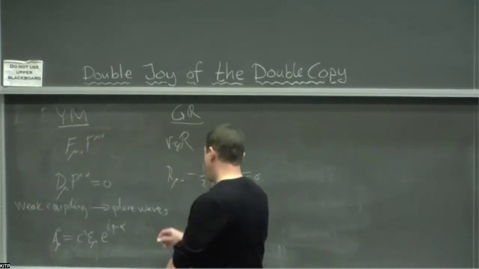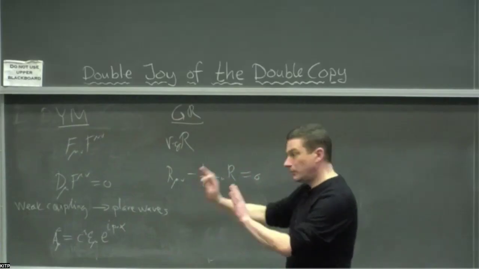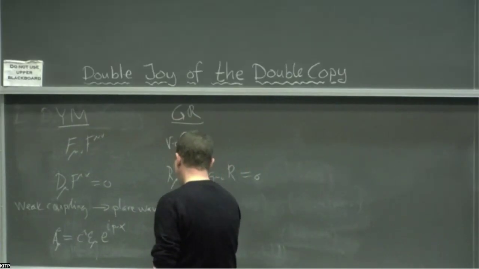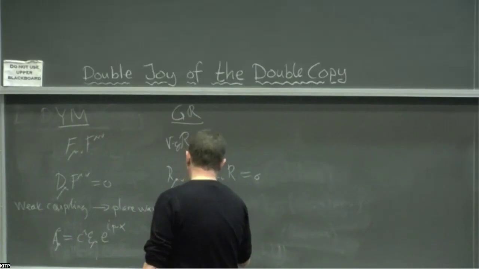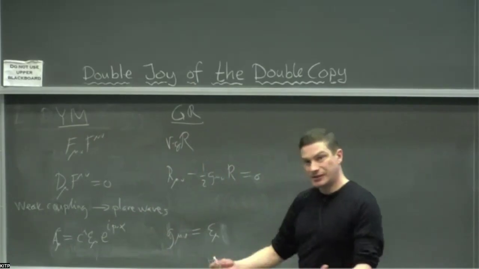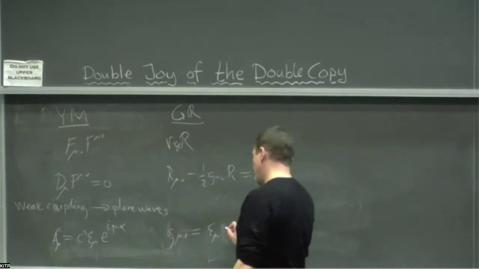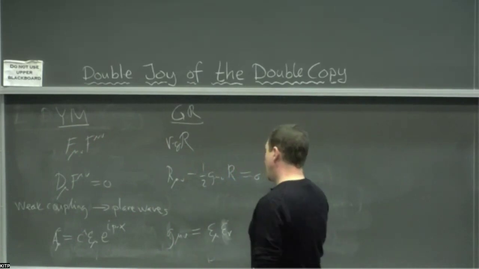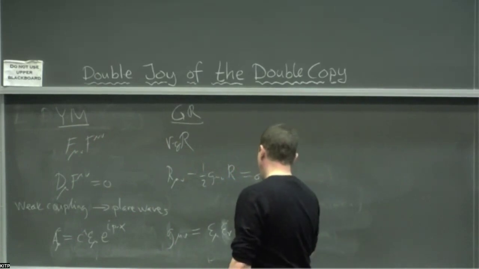And for gravity, also going to weak coupling, so I'm just going to assume I basically have a free theory, the metric has two factors of, well, it really has a polarization tensor, but I can always factorize it, especially in 4 dimensions. It's very easy to factorize it. And e to the i p dot x.